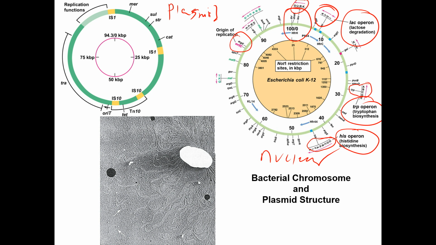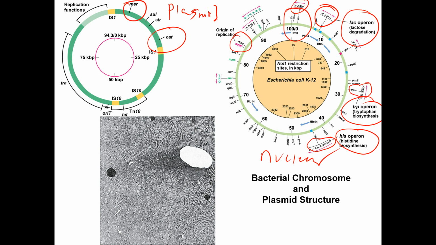Now, plasmids encode for extraneous beneficial factors for the bacterial cell. So things like resistance to heavy metal toxicity, for instance, catalase production.